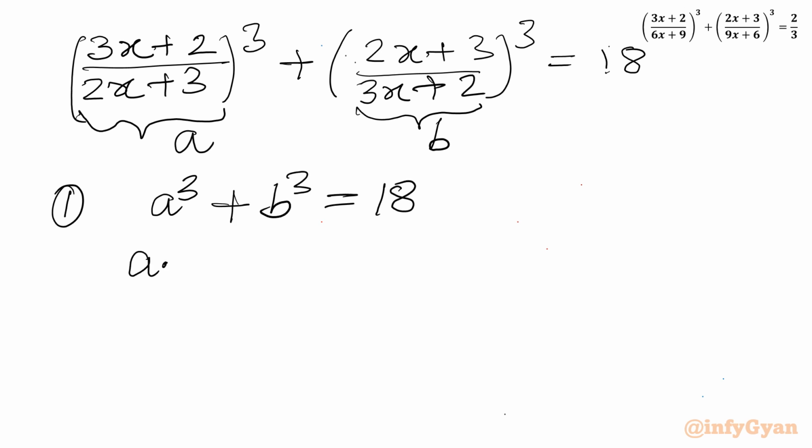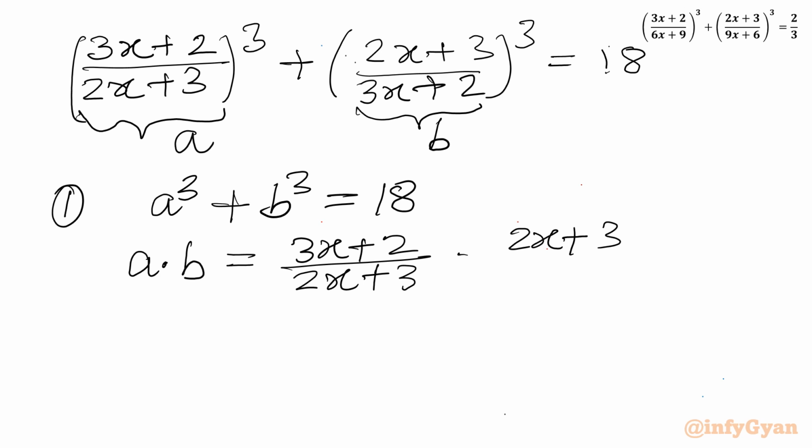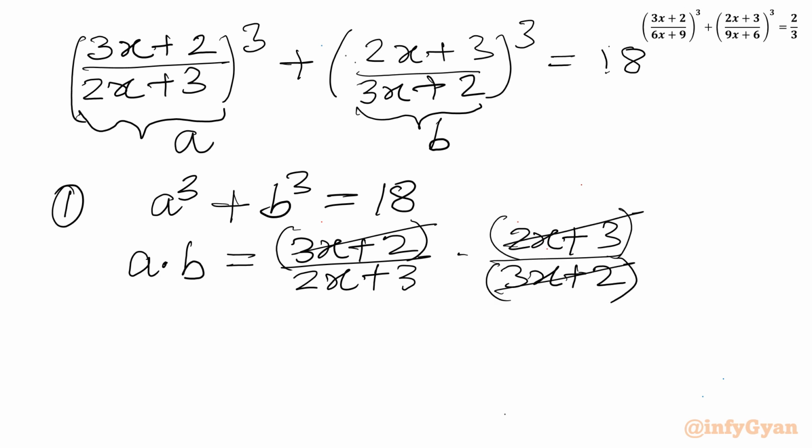Now I will find A times B. So A is 3x plus 2 over 2x plus 3 and B is 2x plus 3 over 3x plus 2. So we can cancel 3x plus 2 with 3x plus 2 and 2x plus 3 with 2x plus 3.